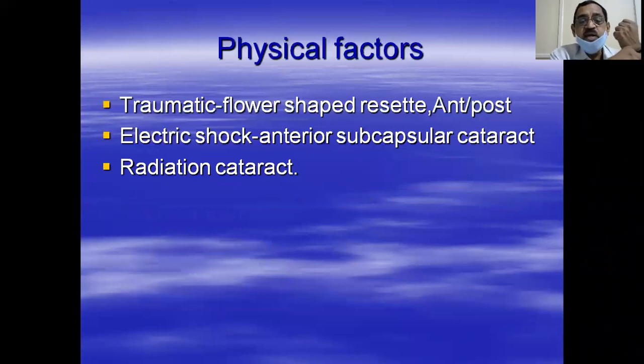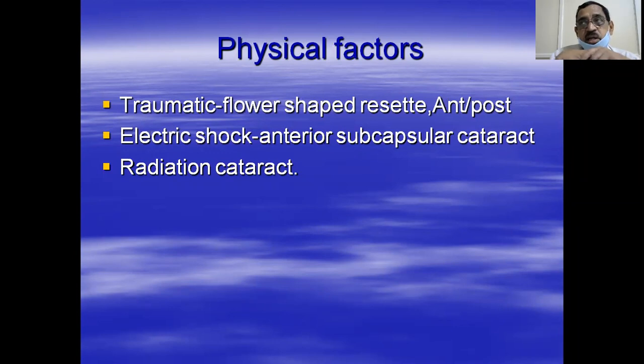So the physical factors which can cause cataract are, one is trauma. So in trauma, be it blunt injury or be it perforating injury, sclerocorneal perforations, so they cause cataract, an anterior flower-shaped rosette or posterior rosette cataract can occur. Electric cataract, electric shock, anterior subcapsular cataract, it can occur whenever there is an electric shock which goes into the body.